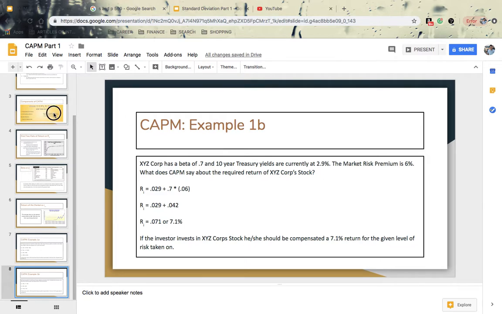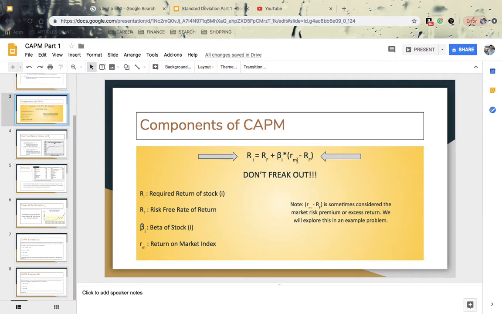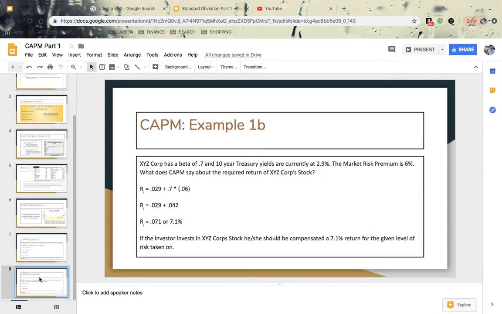So, like I said earlier, I wanted to make a note that this section here, the parentheses, is sometimes considered the market risk premium. Sometimes they'll give you this in the problem as opposed to the market return. So if they say the market risk premium, which is what this is, 6% in our problem, you don't have to do that whole RM minus RF thing.